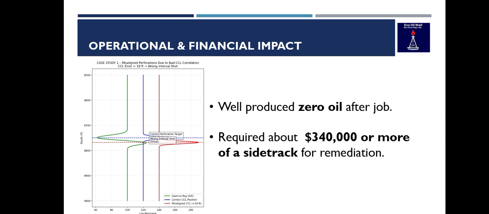Operational and financial impact. This error resulted in zero production and a whopping $340,000 sidetrack. Small interpretation errors can cause major operational losses. This is a key thing you should take home with.